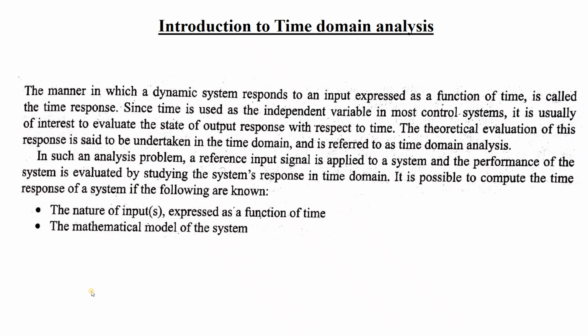The transfer function is the Laplace transform of the output by the Laplace transform of the input, considering all initial conditions to be 0. So the transfer function is actually in the S domain, because it is a Laplace transform.